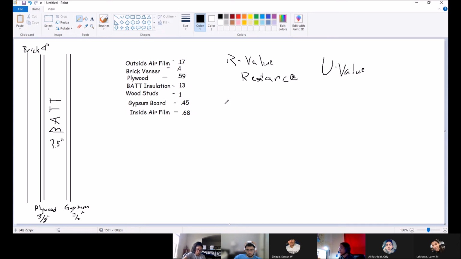So let's say that insulation has an R value of 13, but the U value of insulation would be 1 over 13. These are just inverses of each other, so it'd be 0.0769. So it lets less heat through than, if we take the wood studs, the U value of that would just be 1. See, it allows less heat to go through, and we'll see that once we calculate the U value.